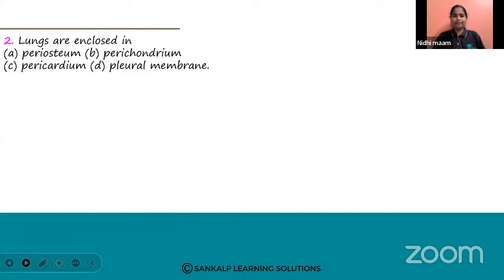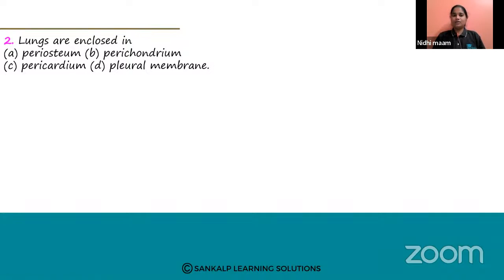Lungs are enclosed in: periosteum, perichondrium, pericardium, pleural membrane. Yes, YouTube students, lungs are enclosed in. So we know that lungs are the main respiratory parts, right?